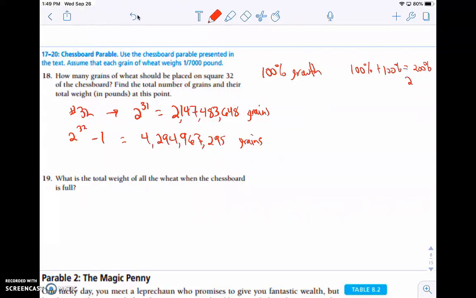And then if we want to figure out how much it weighs, it's 1/7,000th of a pound per grain.